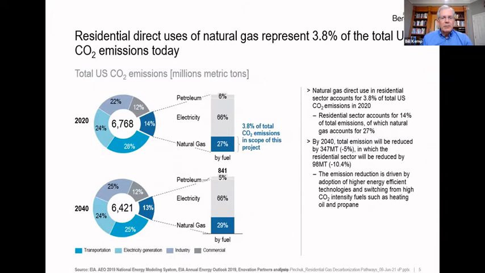The natural gas now provides about 27% of building energy use. And if you do the math, that's 3.8% of total GHG emissions in the US as of 2020. It is expected to grow a little bit, actually, according to EIA, Energy Information Administration, by 2040.